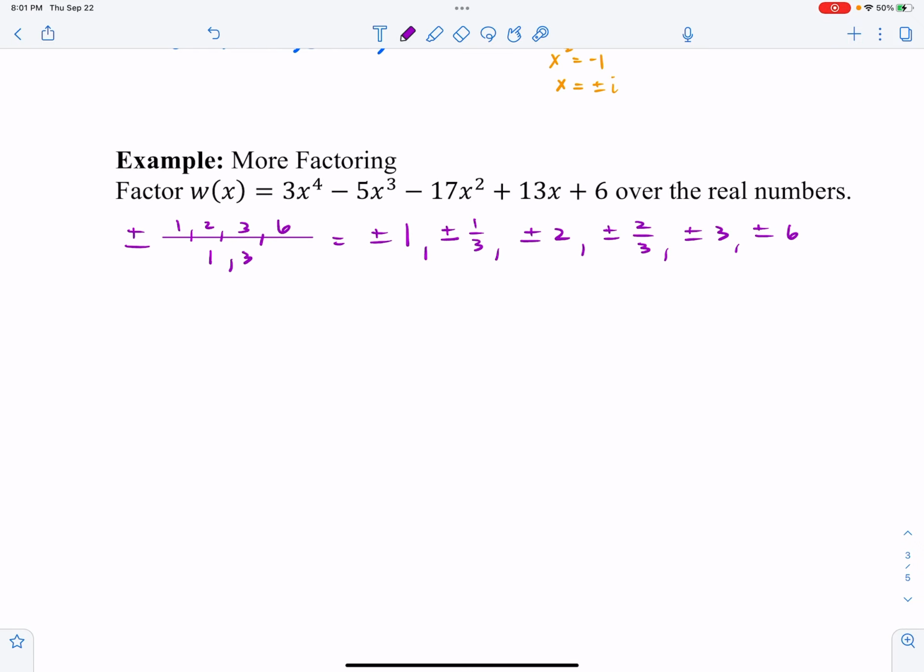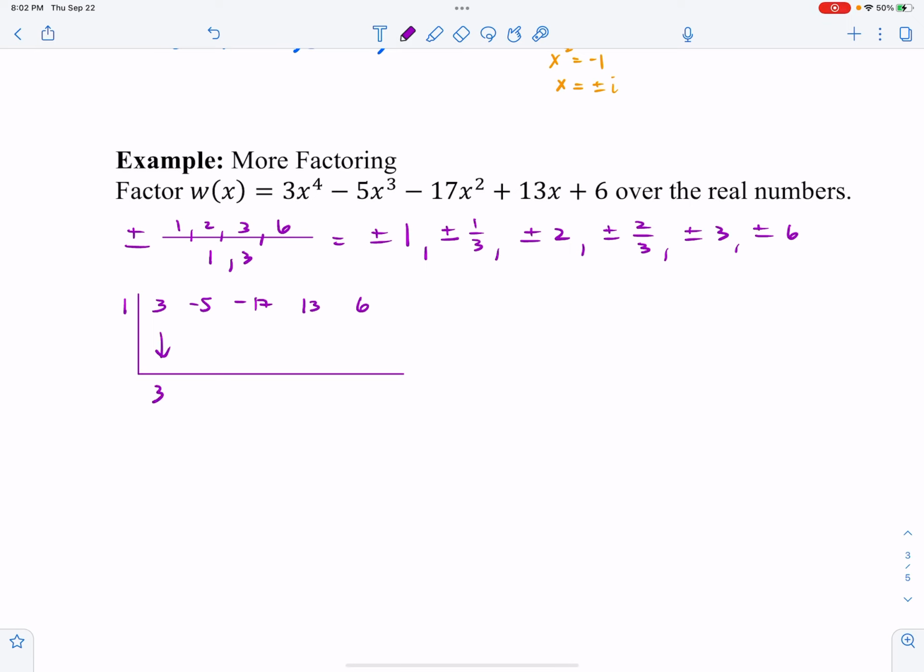Okay. So I think I'm going to start with -1. So I'm going to do synthetic division. Or I'm going to start with positive 1. So I'm going to do synthetic division. 3, -5, -17, 13, just putting all the coefficients there of w of x.